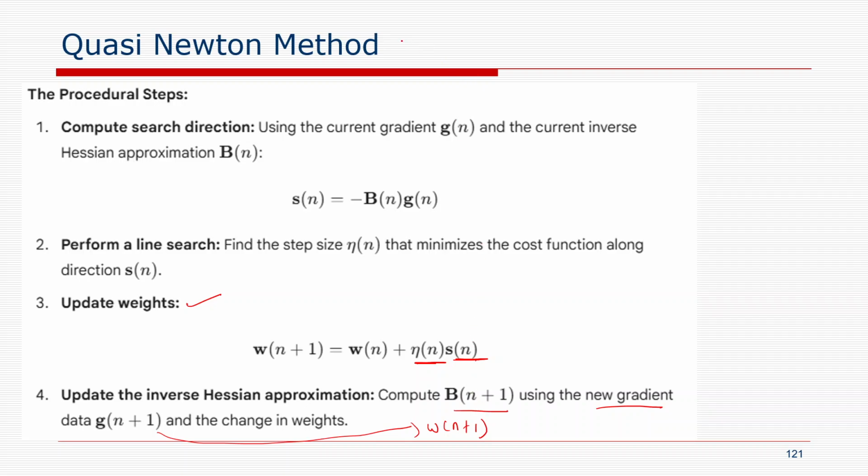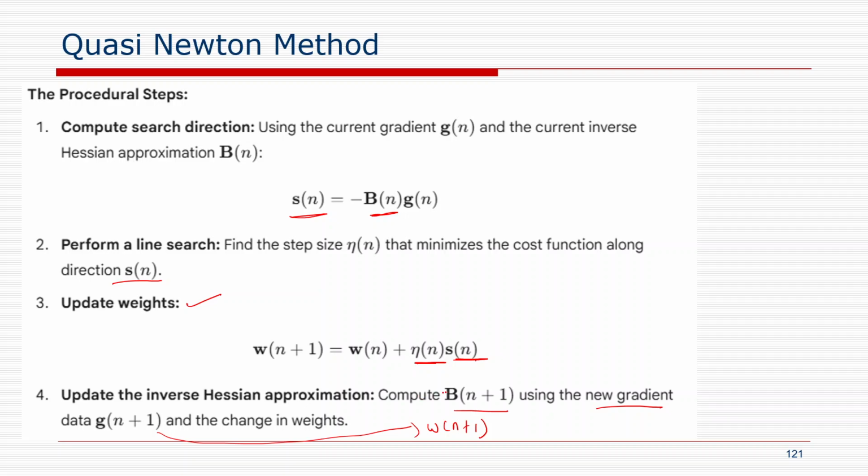That is quasi-Newton, where we went into details only at the high level. This algorithm updates the weights as follows: it first calculates the search direction S of n, which is the negative of the inverse Hessian approximation, B of n, multiplied by G of n, and then calculates the step size eta of n that minimizes the cost function along the search direction S of n, and then updates the weights: W of n plus 1 equals W of n plus eta of n times S of n.